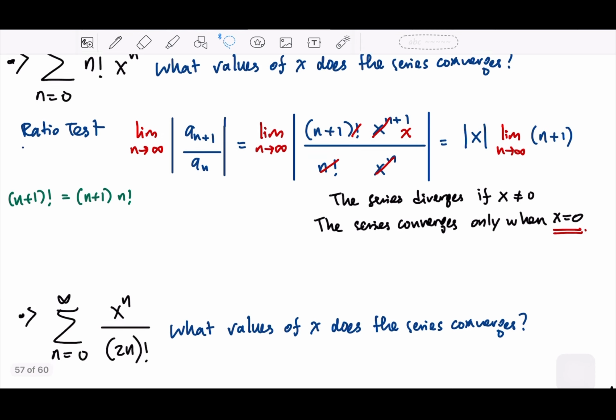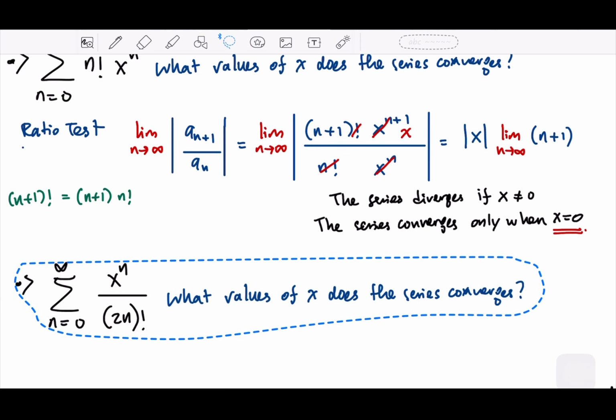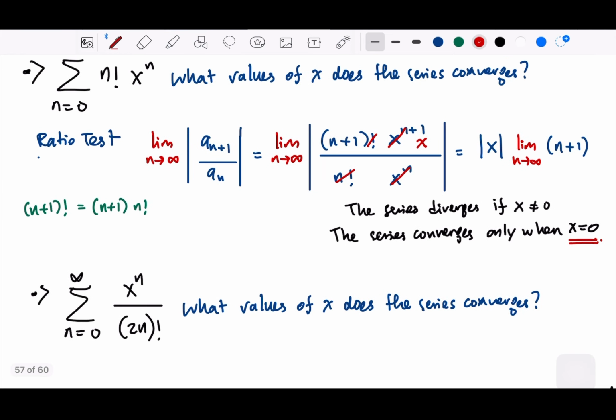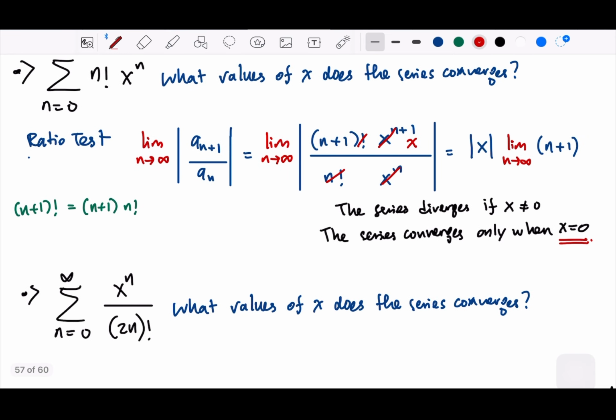And now the next question. We have this series. Do the same thing. If you want, you can take the ratio test. But please be careful with these 2n factorials.